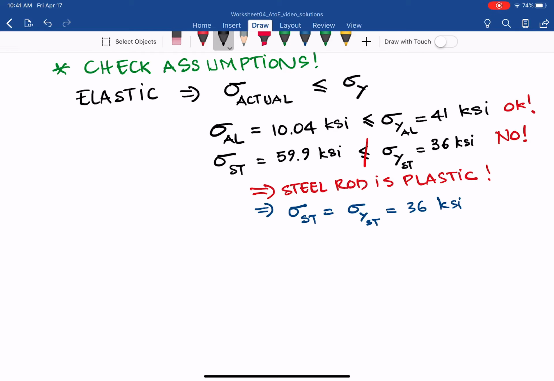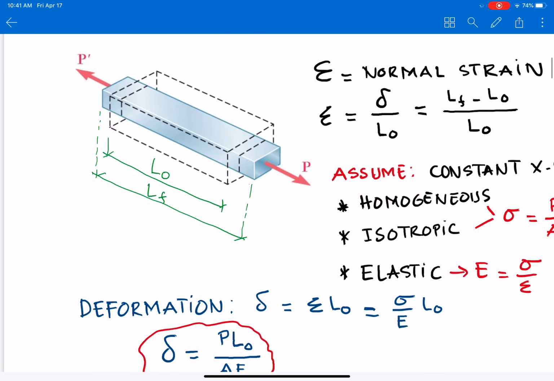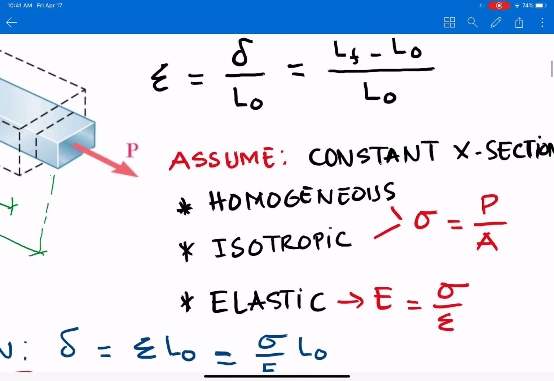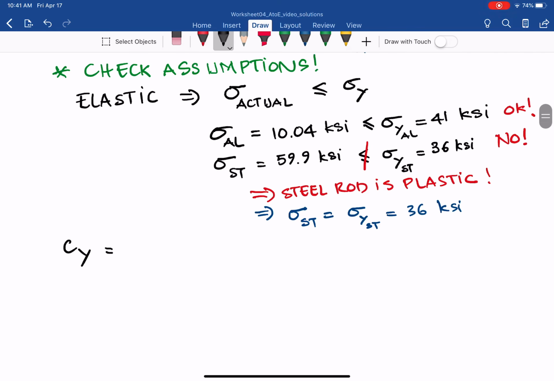Because that's the actual normal stress, 36, you can go ahead and find the load P on the steel rod, and that is Cy. Because it is homogeneous and isotropic, we always have the equation sigma equal to P over A. So P equals sigma A. In that case, the P for the steel rod is Cy, and it equals sigma A. So it equals the sigma actually applied on the steel rod times the area of the steel rod, and that equals 36 ksi times 2 inches square, and that will be 72 ksi times inch square, so cancel the inch square, and you will have kips.